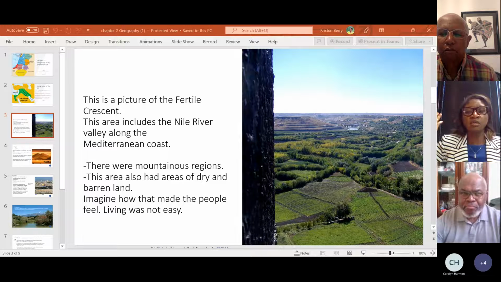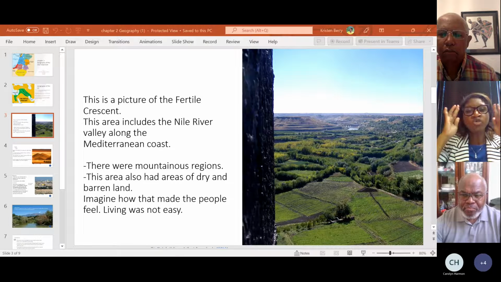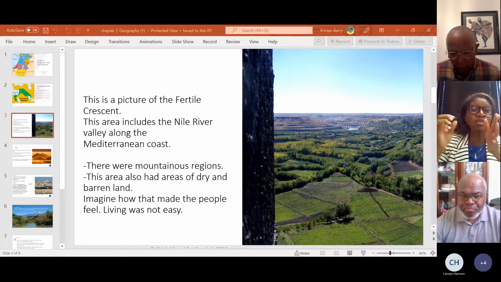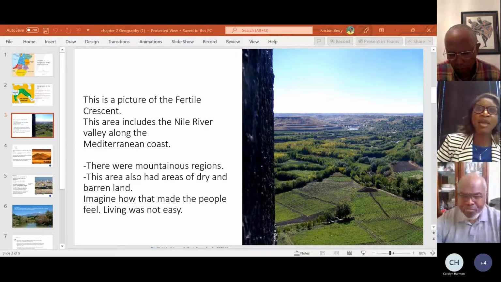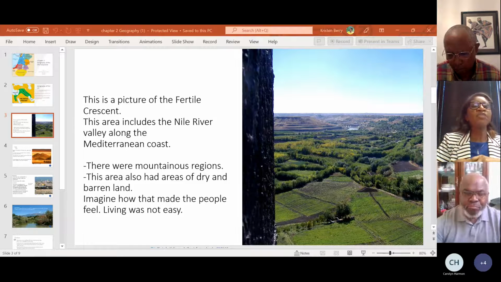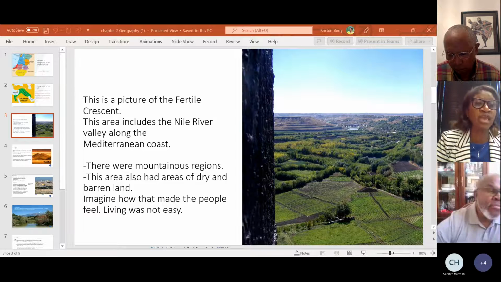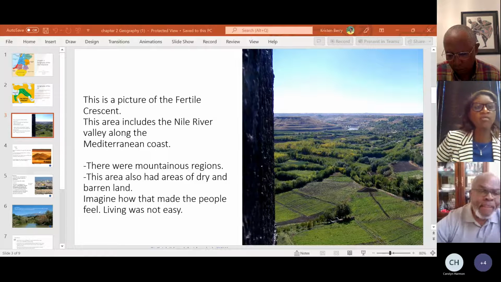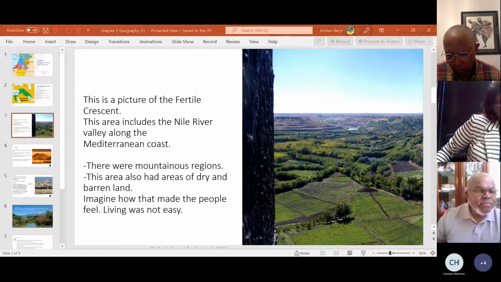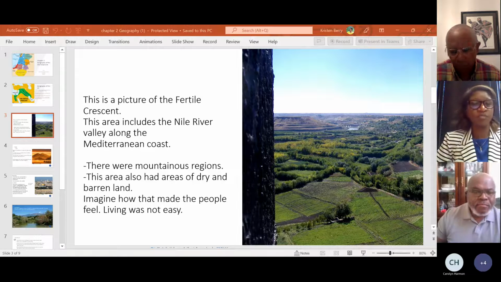Many times they're named after the land, like the Canaanites. The Philistines too are named after a particular land where they lived. This land is also called Canaan.